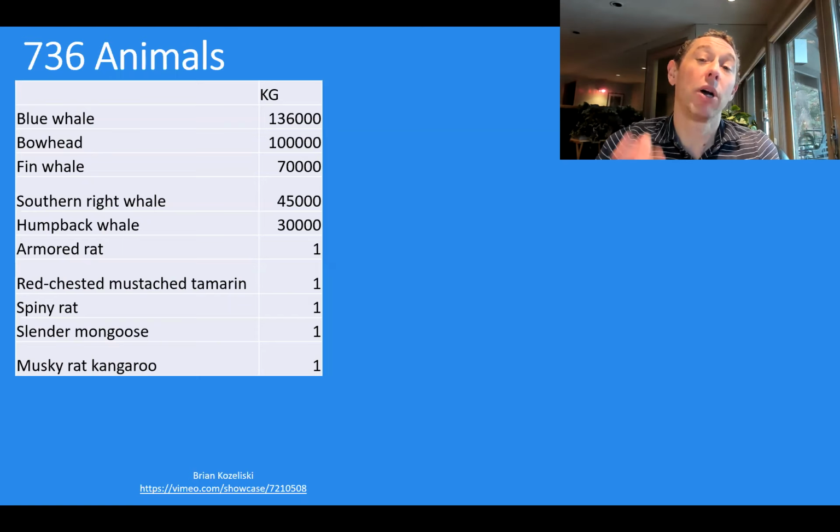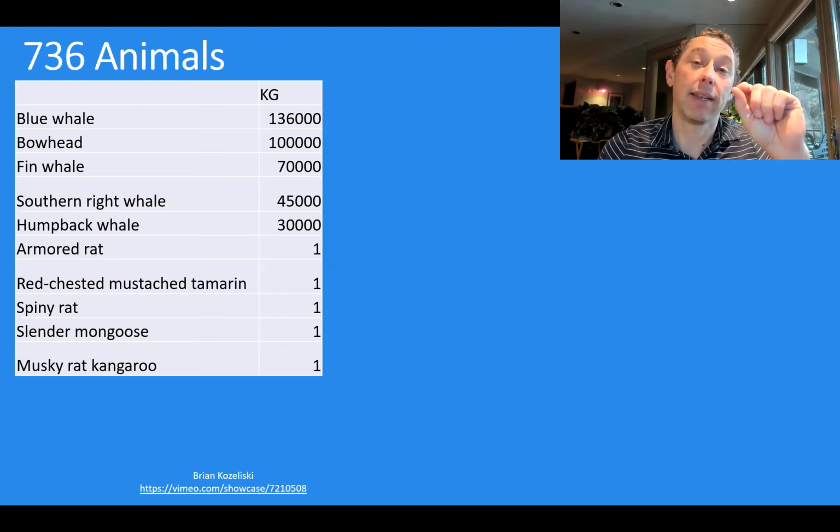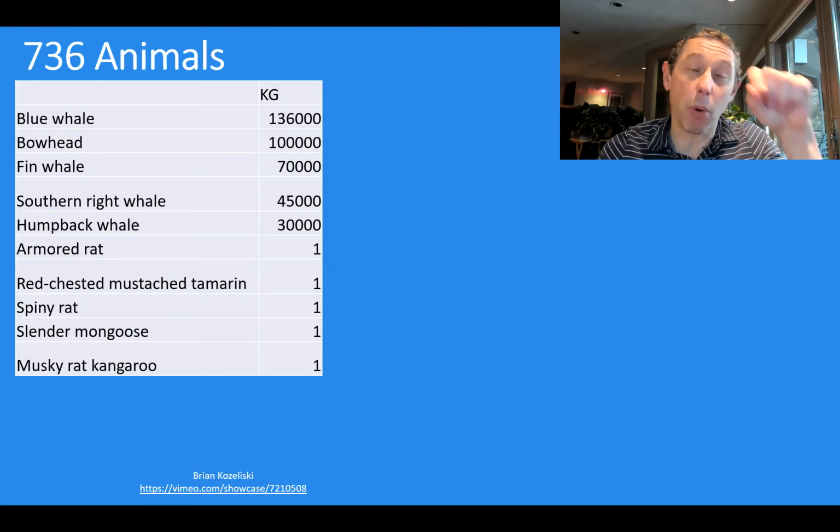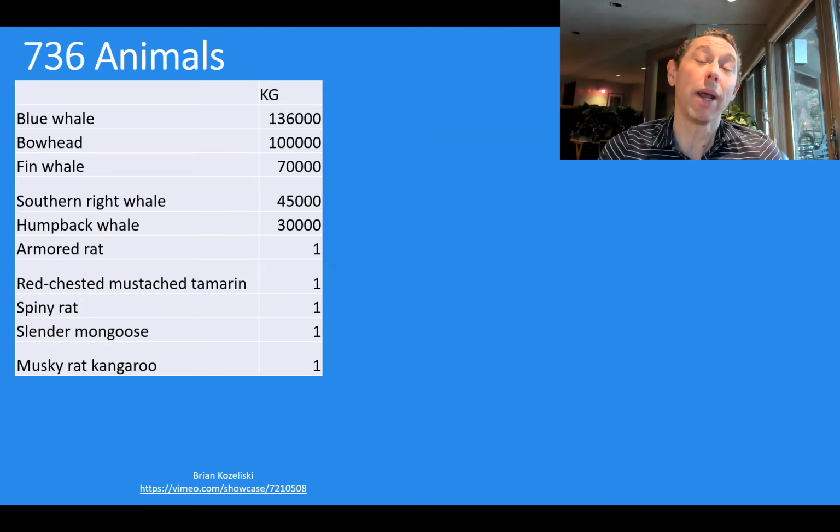This data set would be much better if we didn't have this rounding, then we could use the digit after the decimal point, so 0 point whatever that is. But it'll help us understand where this law might break down, because it's going to break down here with all these ones that we're going to have in this data set, and we're going to miss out on all those animals that round down to 0.